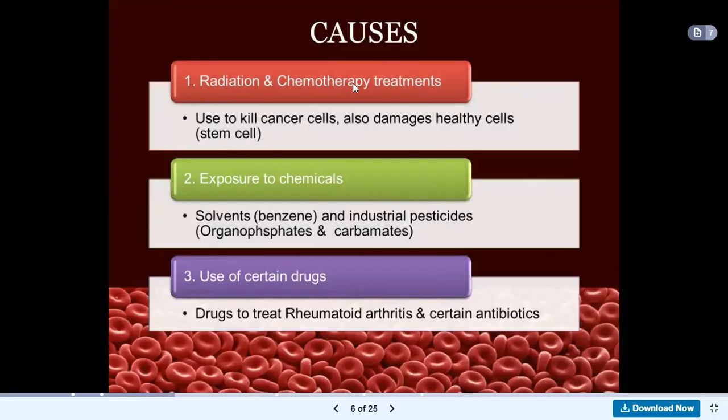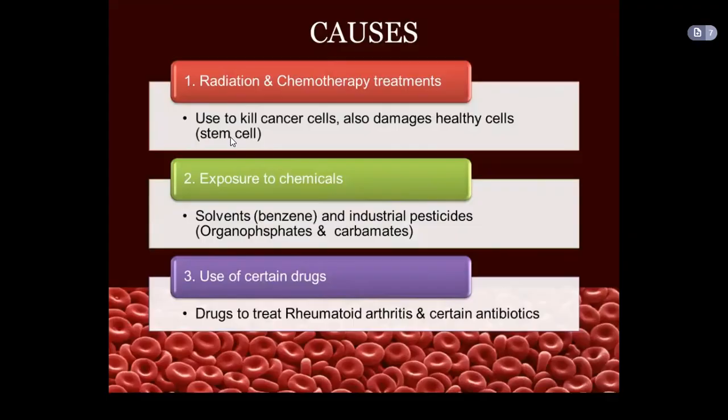There are some drugs that cancer patients are given, and the goal of these drugs is to kill the cancer cells. Unfortunately, sometimes the radiation and chemotherapy damage the blood-producing stem cells in the bone marrow. When that happens, the bone marrow is not able to produce enough blood cells and we have aplastic anemia.